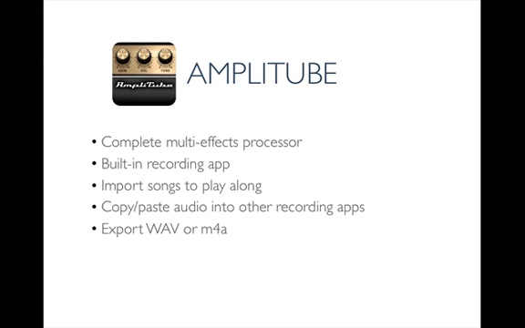Audio copy and paste functionality is supported, allowing you to copy audio material to and from individual tracks within the recorder, or copy and paste entire compositions to and from other apps like GarageBand. Amplitube also includes full recording and processing capabilities as well, so you can capture your ideas and performance. Then you can share your audio by exporting high-quality audio files or M4As.